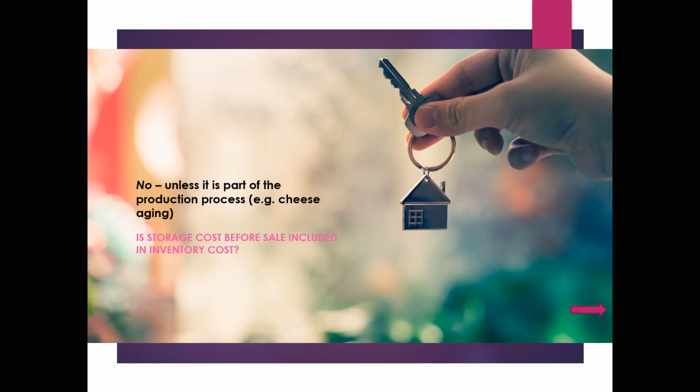You have to store fuel in a place. So except it is part of the production process, which is important. Fuel is part of the process because for you to say you have successfully sold PMS, it has to be stored in a storage center, a depot, and you do throughput on it. So you have to say unless it is part of the process. That is when you can say it is included.